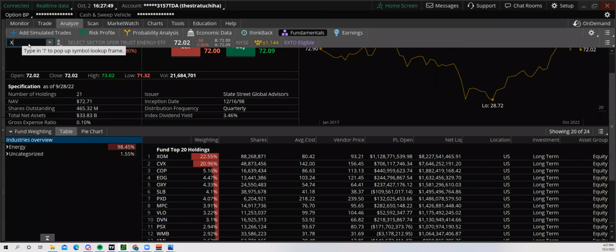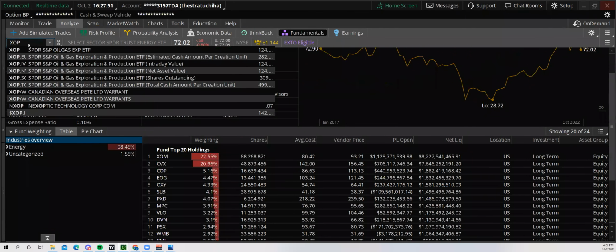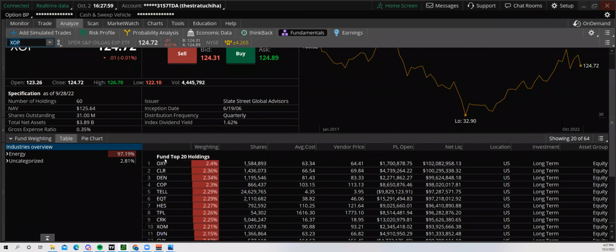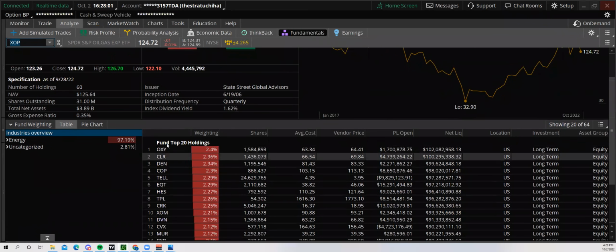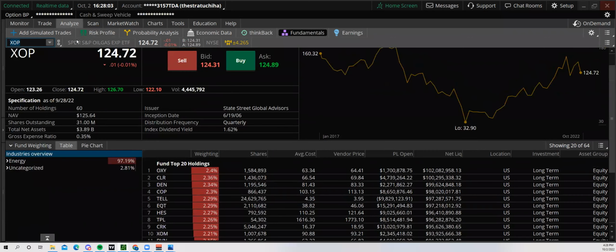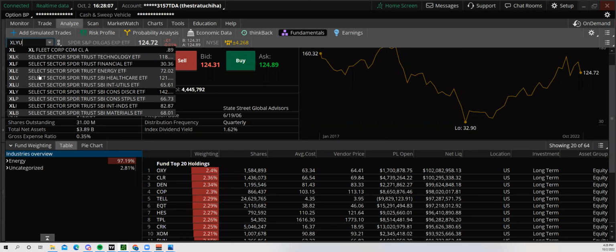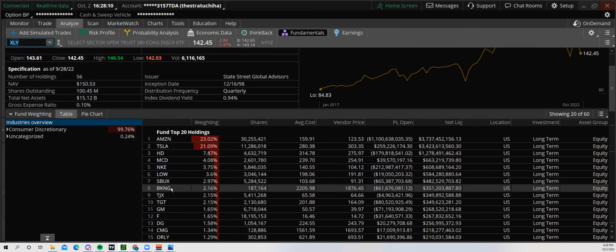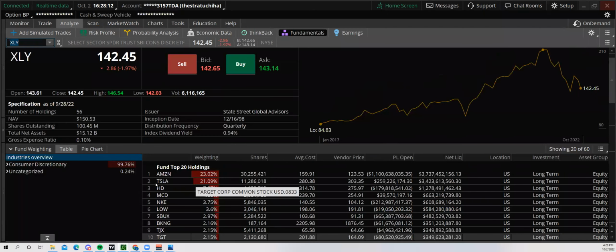Want to do like XOP, which is a different sector, not on the Sector SPDR list, but XOP is oil and gas, stuff like that. You see Oxy number 1 in XOP. So I used Thinkorswim when I was initially building my watch list to figure out what stocks are in what sectors. That's how you can do that other than using Sector SPDRs.